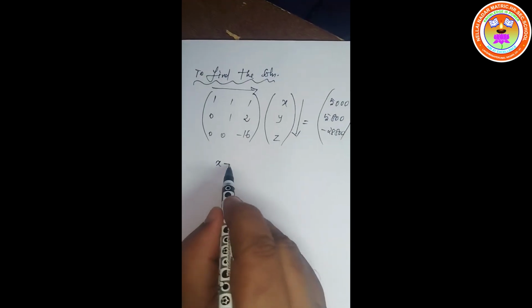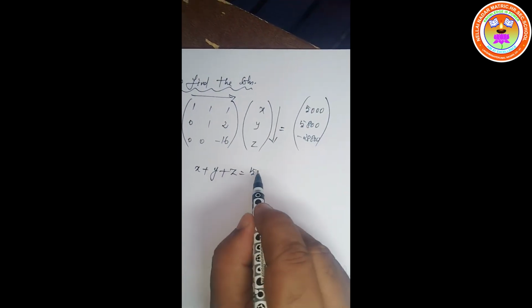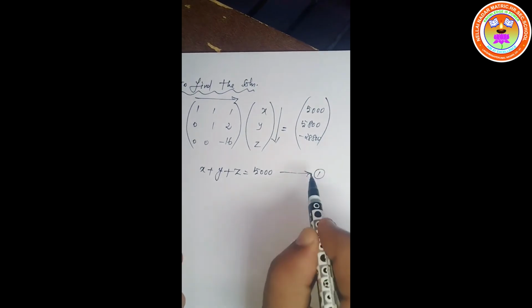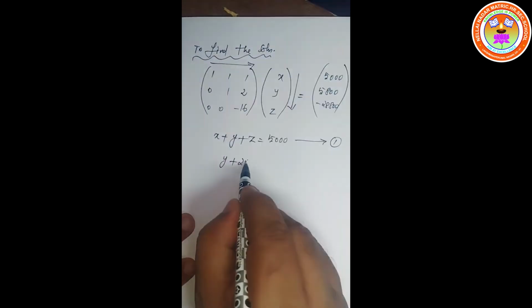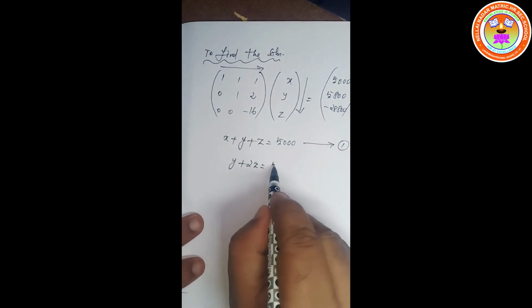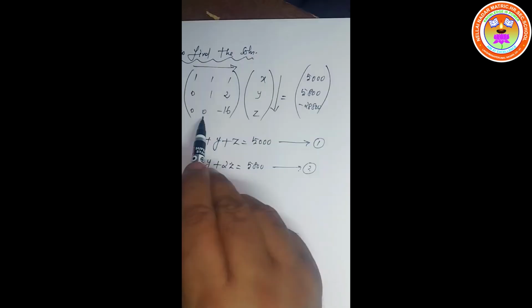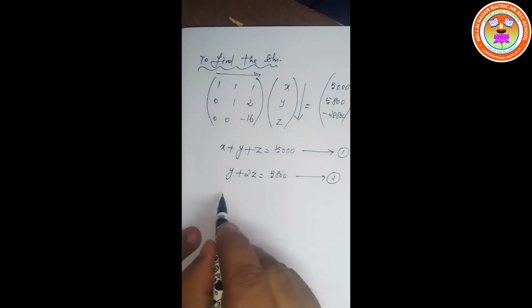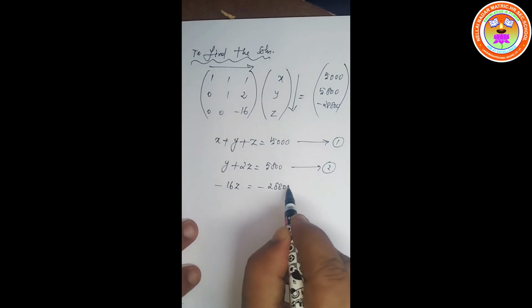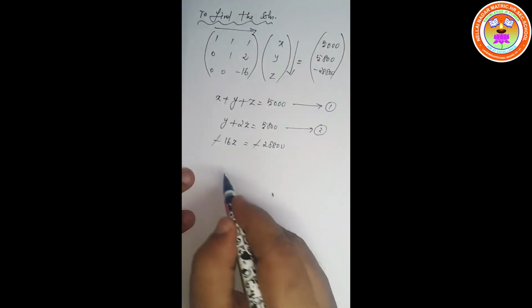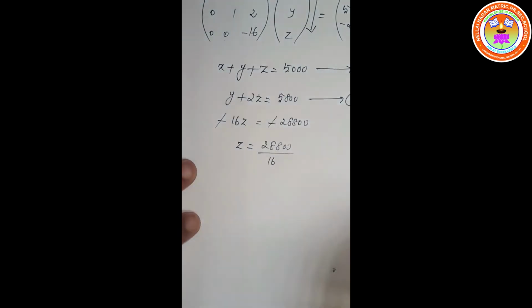1 into x plus 1 into y plus 1 into z, that is equal to 5,000. Let it be equation number 1. Then 0x plus 1y plus 2z, that is equal to 5,800. Equation number 2. Finally 0x plus 0y minus 16z, that is equal to minus 28,800. Minus minus get cancelled. Therefore z equals 28,800 divided by 16.